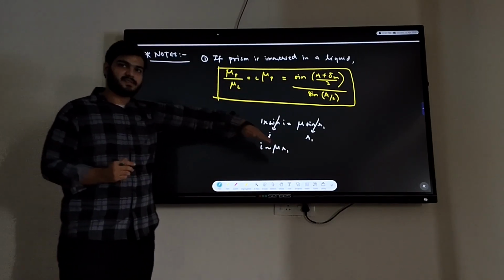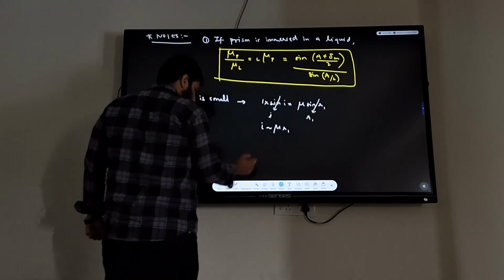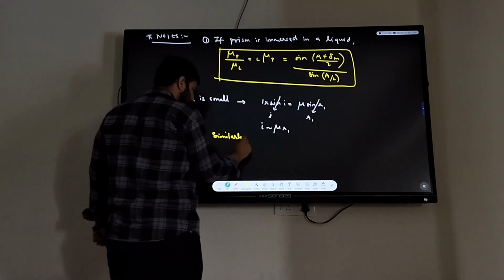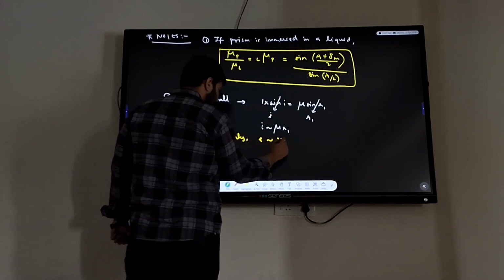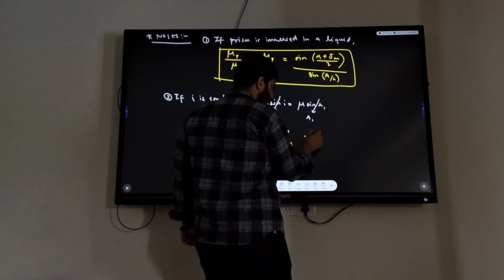What if I apply Snell's law on the second surface? What is the relation that I get? Similarly, I will get E is approximately mu R2. Then what was delta?